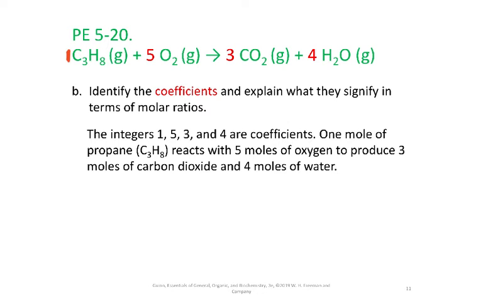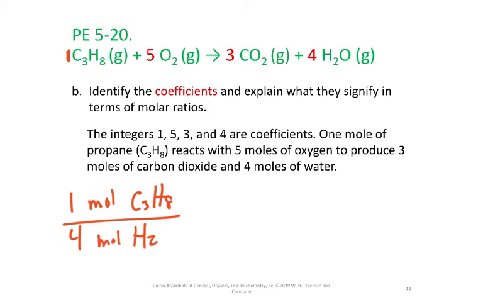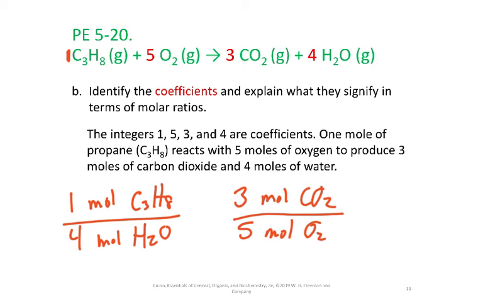For example, I could say 1 mole of C3H8 would give me 4 moles of H2O. Or I could flip it. Or I could look at oxygen and CO2 and say I would get 3 moles of CO2 for every 5 moles of O2.